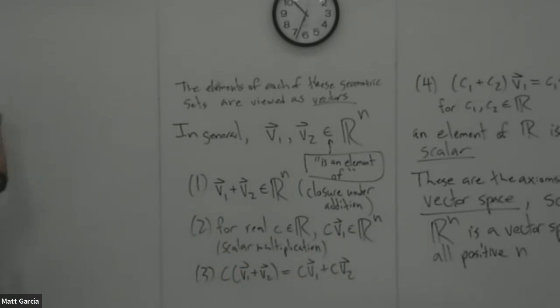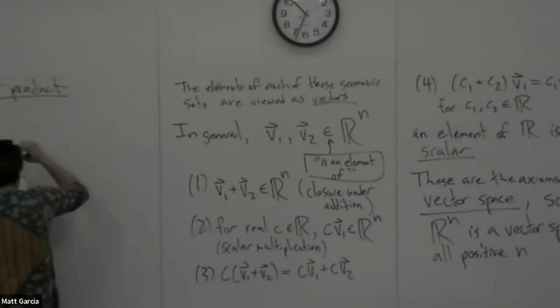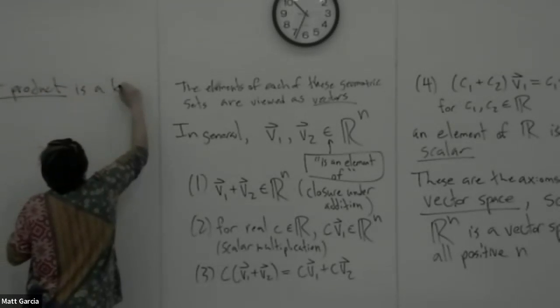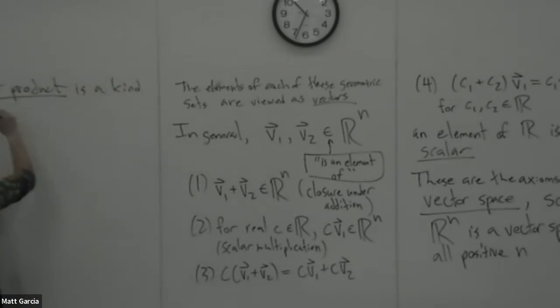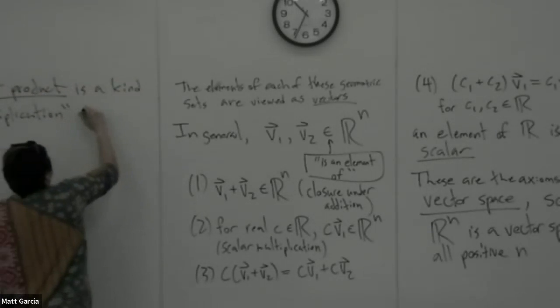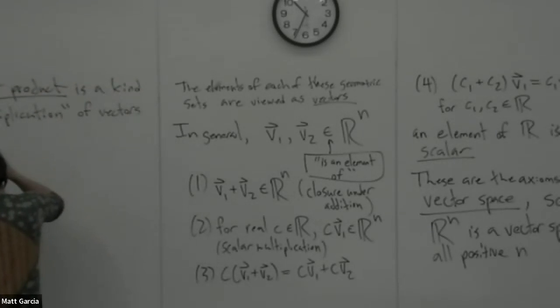Okay? So the dot product is a kind of multiplication of vectors.